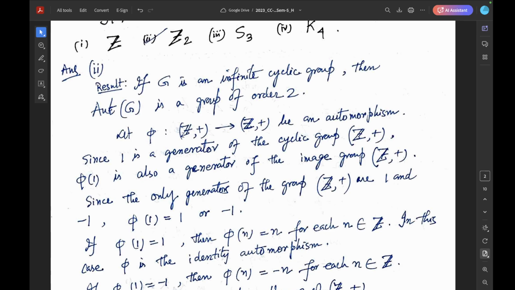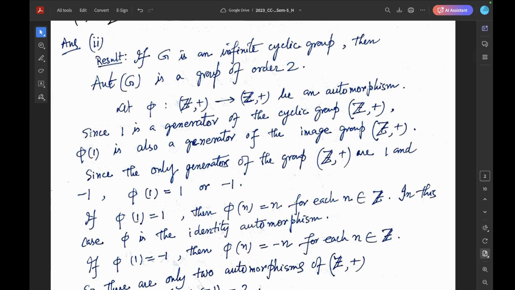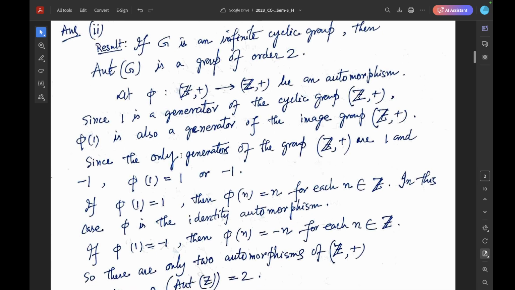Let phi map Z plus to Z plus, Z being the set of all integers, be an automorphism. Since 1 is a generator of the cyclic group Z plus, and phi of 1 is also a generator of the image group Z plus, and since the only generators of the group Z plus are 1 and minus 1, phi of 1 equal to 1 or minus 1.